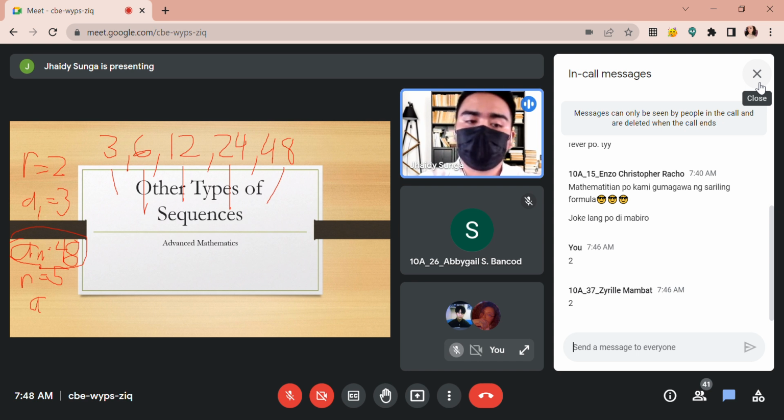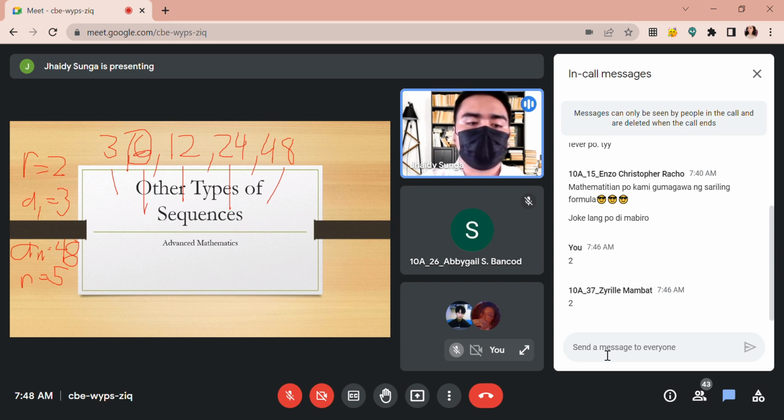For example, a sub 2 means the second term. What is the second term? It is 6. So here, what is the value of a sub 5, or the 5th term? It is 48. Don't get confused, because I still see some who are confused. And to tell you, in exams, you might be surprised, it's all like this. Alright, so going back, what we are going to do here is with the formula.